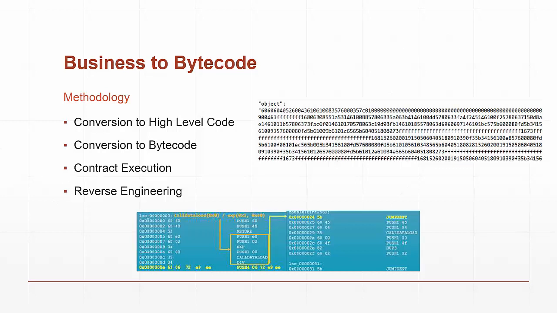So overall, the point of the research here was to try to get from what would be a natural language down into a bytecode that can be executed on the blockchain, and we were able to show that that could be done. This did require an amount of technical knowledge.